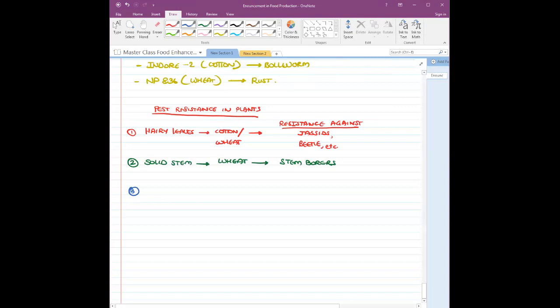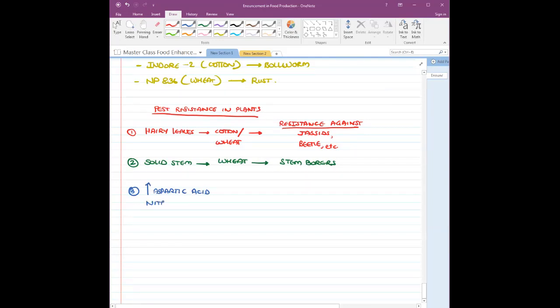Now, another thing we are going to see is that certain compounds are really important. Their concentration depends on how the plant reacts to different kinds of pests. For example, in your maize plant, you are going to have extremely high levels of aspartic acid, and slightly low levels of nitrogen.